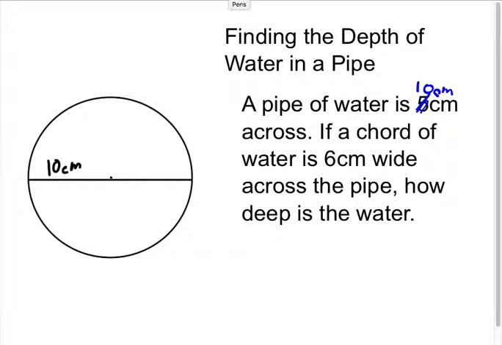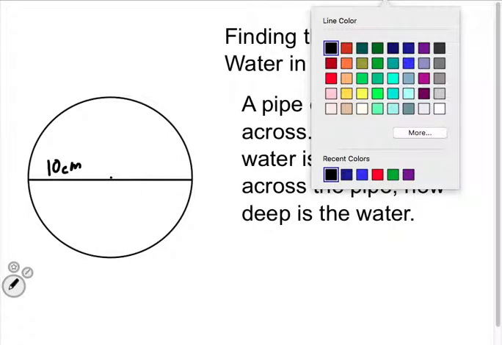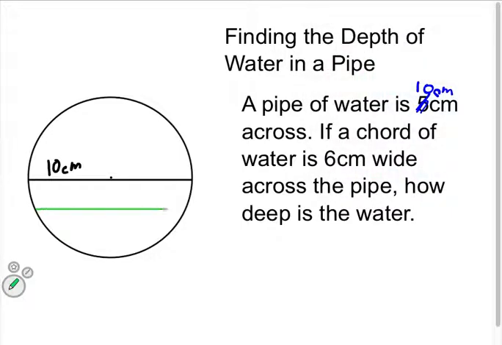Then I have a depth of water somewhere. It's going to be 6 centimeters across. Let's draw it. It's going to go here. That is 6 centimeters across.